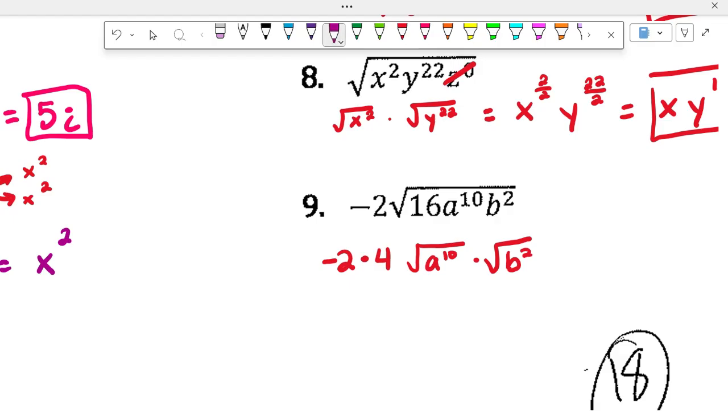So if I convert these two to fractional exponents, so this would be negative 8 times, what's a? 10/2, good. And then what's b? 2/2. Y'all good? Yeah.